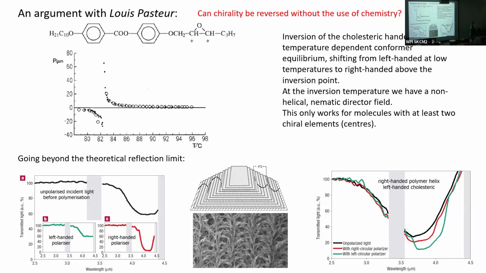And if you fill this with a liquid crystal of the opposite handedness, or if you use a twist inversion compound where you form your polymer network when it's right-handed and you go to temperatures where it's left-handed, then you can actually get reflections, or in this case, this is the transmitted light. So you can go beyond these 50% that are usually seen as the theoretical limit.